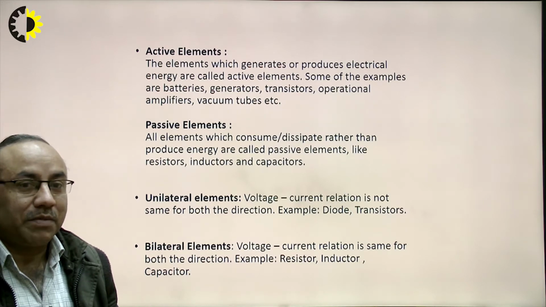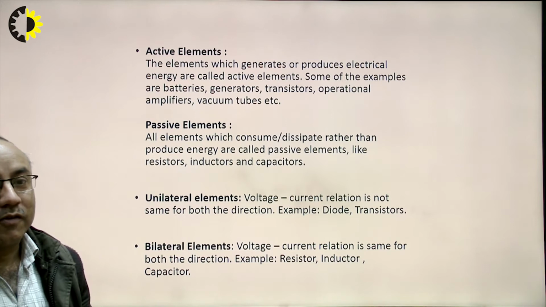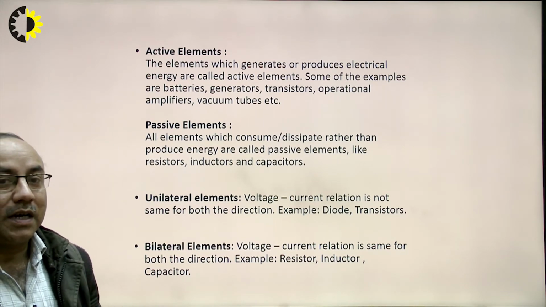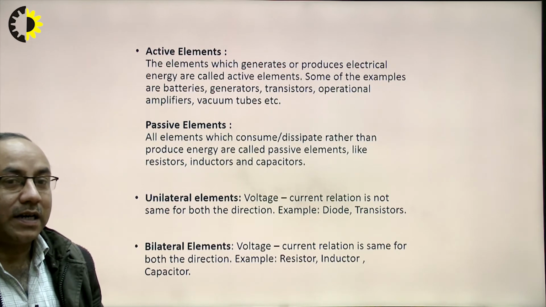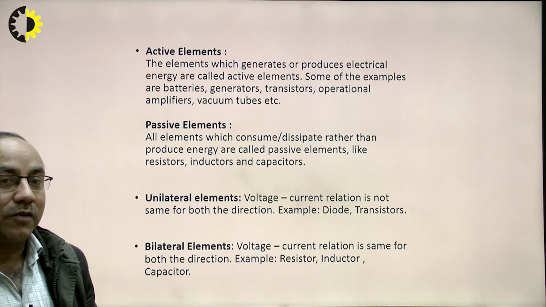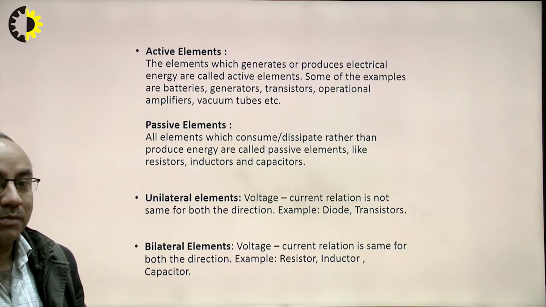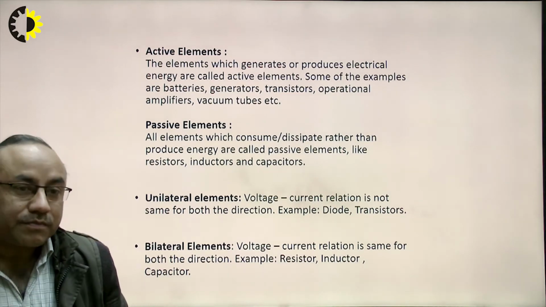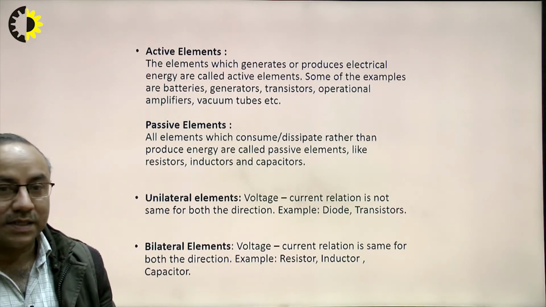The example for this is diode, transistor. We know when a diode is in forward bias mode, it conducts the current easily, but if it is reverse bias, the current conduction is not easily possible. Plus the relationship between voltage and current is also affected in the reverse bias mode. That is why the diode comes under the category of unilateral elements.